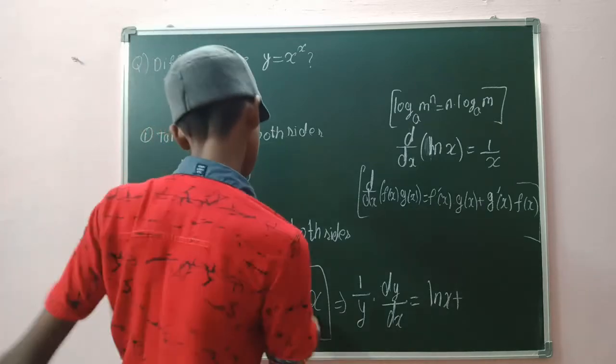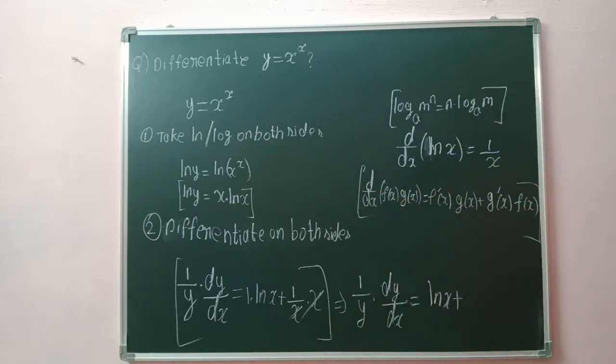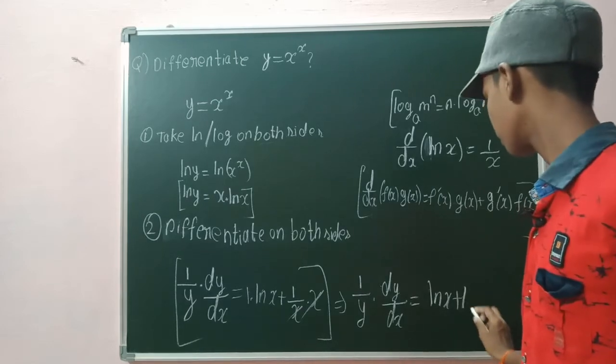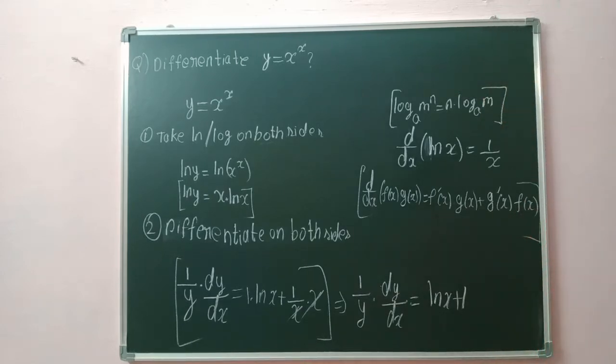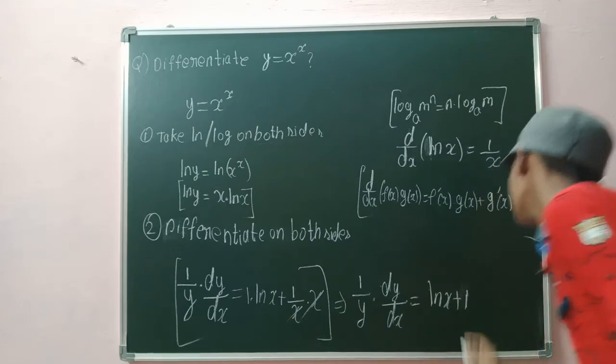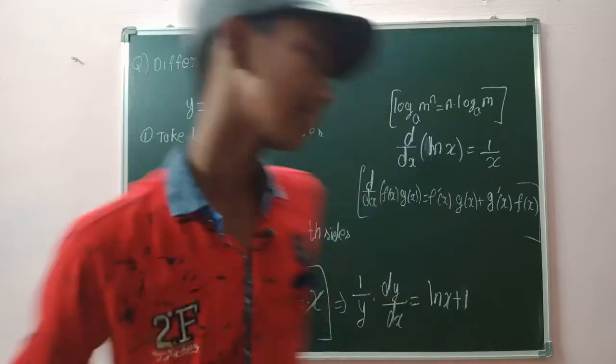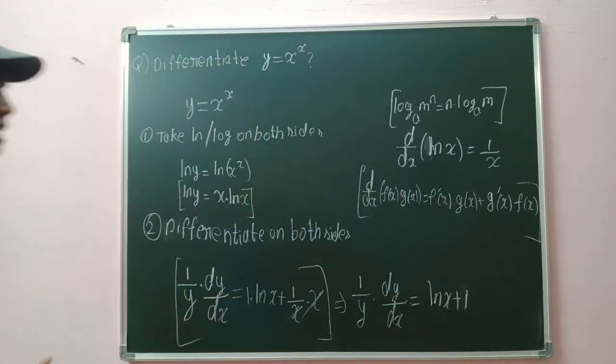This x and this x will cancel, so directly you will be left with ln of x plus 1. I hope that makes you people clear. As this x cancels, you will have ln of x plus 1. That's all.